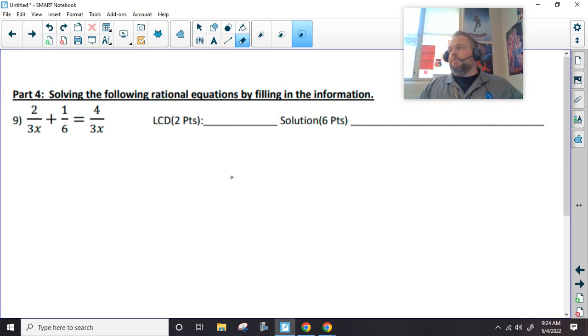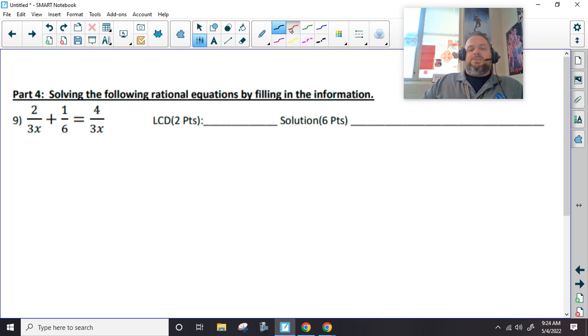So this one is a little bit different. Now you get 2 points for the LCD and you get 6 points for actually solving it. So let's see. We have a 3x, a 6, and a 3x. I wonder what's the smallest number, just the number, not the variable, that all 3 of these numbers will go into. 6.